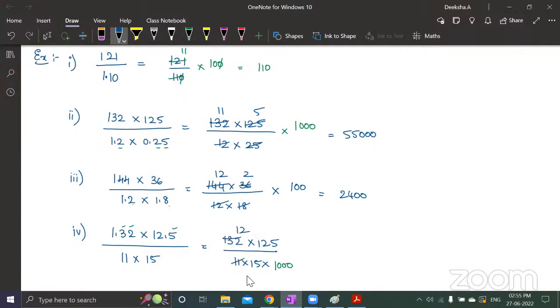11 12s are 132, and then 3 4s are 12, and 3 5s are 15. Now 5 into 25 is 125. 4 into 25 is 100. So 100 and 1000 we have here. You will get 1 by 10, which is equal to 0.1.